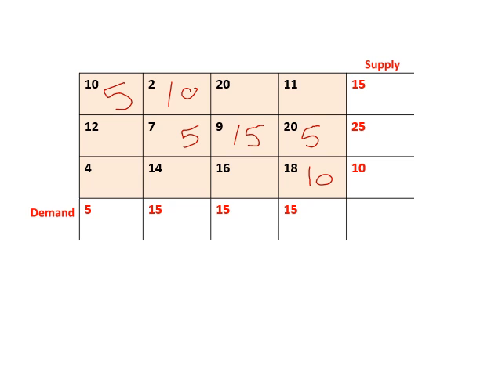Now, if you count the basic cells, meaning the cells that have values inside, we find 1, 2, 3, 4, 5, 6. We have 6 basic cells.